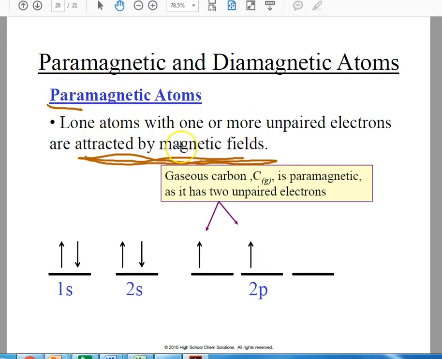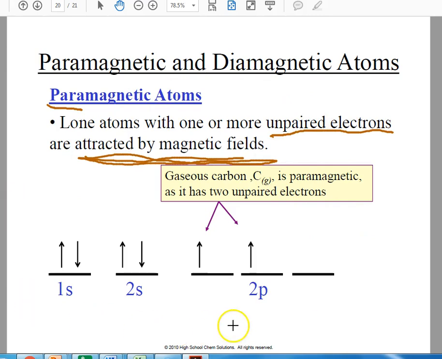This is the part that's kind of confusing though. Why are they attracted to magnetic fields? Because they have unpaired electrons. Okay? So paramagnetic atoms are attracted to magnetic fields because they have unpaired electrons.